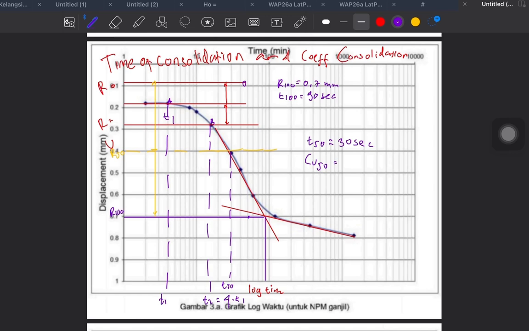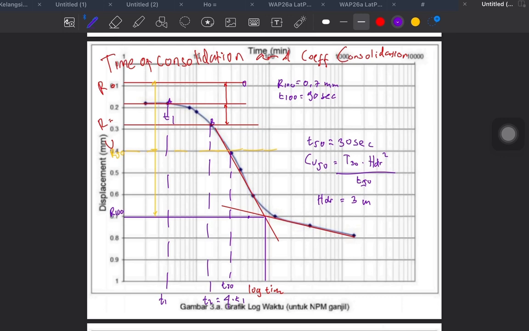The formula for the coefficient of consolidation is CV equal to T50 multiplied by HDR square, divided by t50. Assume the HDR equals 3 meters.